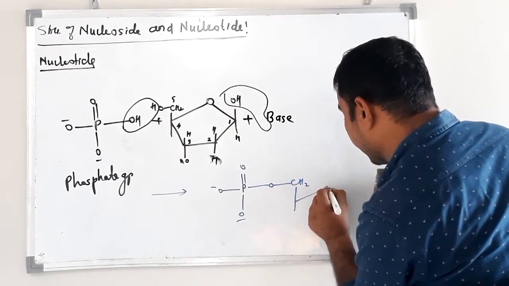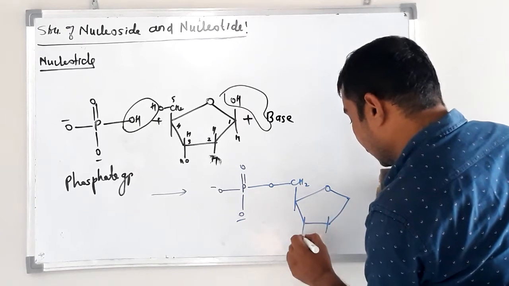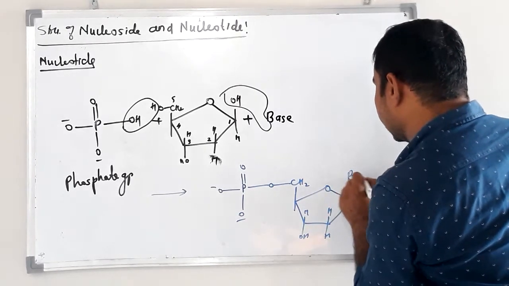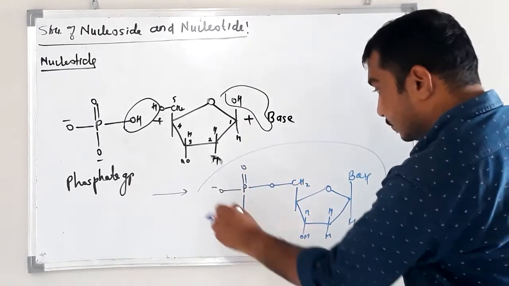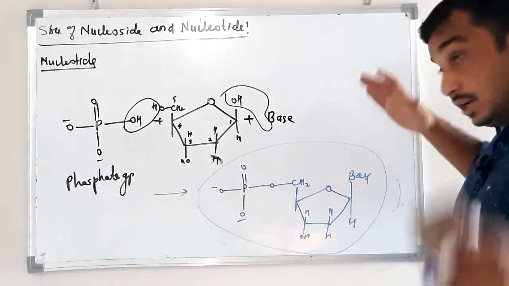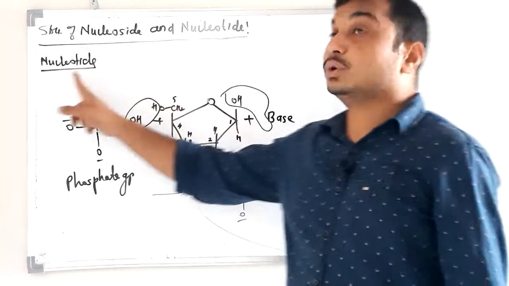CH2, OH, H, here base, H. So this structural unit, phosphate group, sugar and base combined together in this way, that is known as nucleotide.